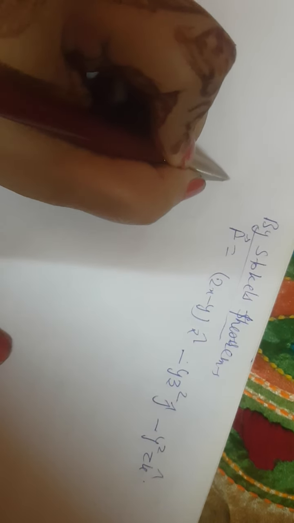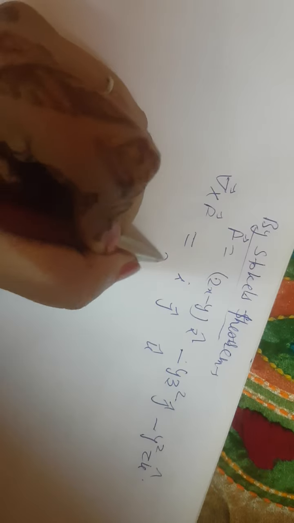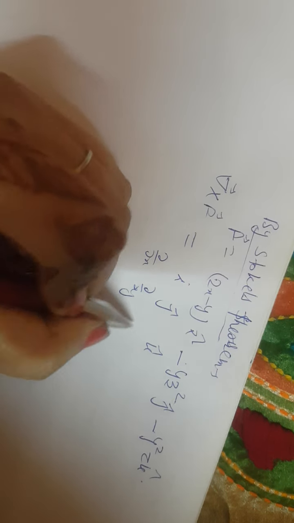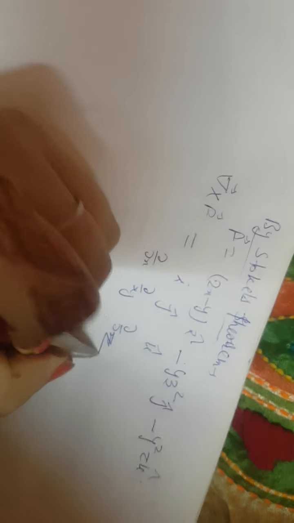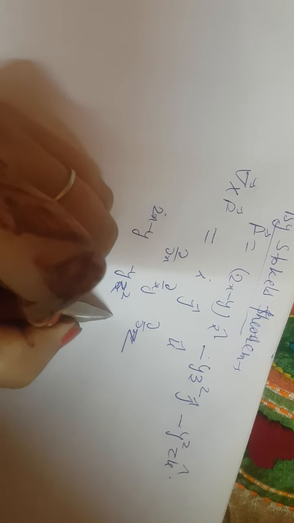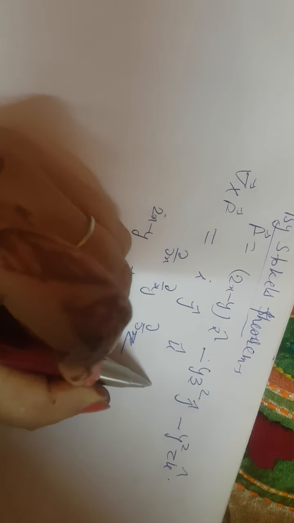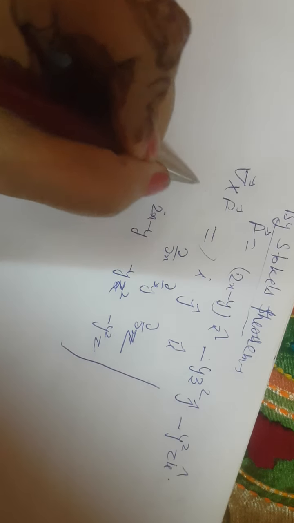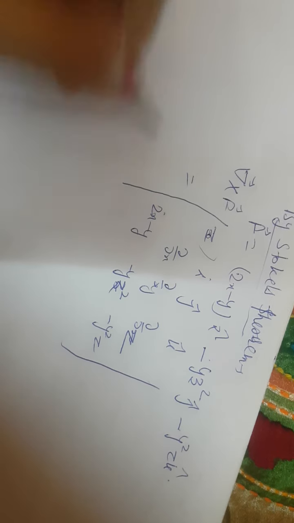Now you have to find del cross F, the curl, as a determinant with i, j, k, partial derivatives with respect to x, y, z, and the components 2x − y, −yz², −y²z.